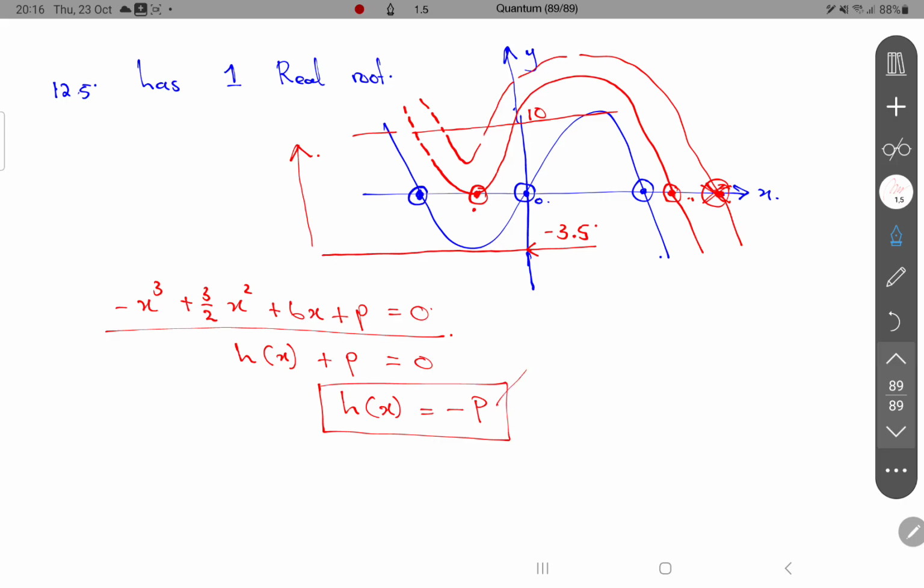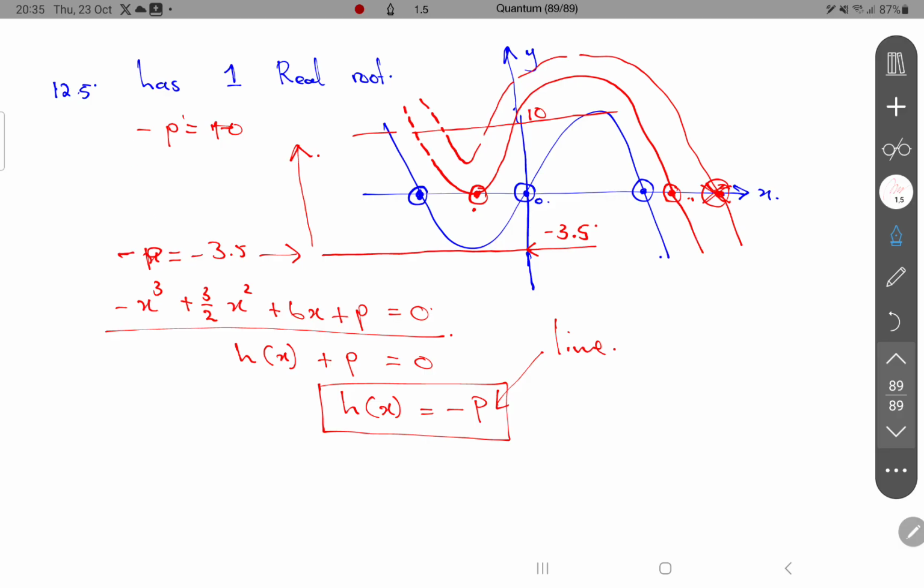Meaning that this one here is a line. So we have this line here. So this line is actually y equals negative 3.5. And this one is actually negative p is equal to 10.